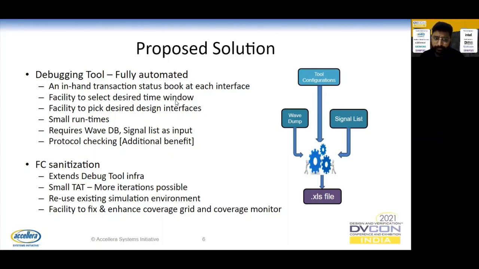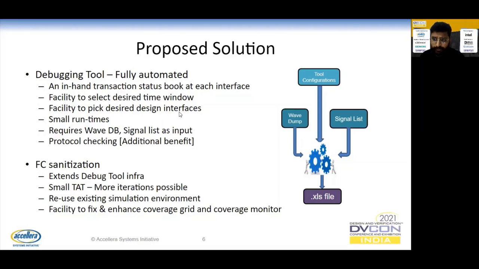Apart from having the above feature implemented as the base feature, the tool also has other facilities. It has a facility to select a desired time window where the debug or the transaction level tracing can happen. And it has an option to select a number of interfaces from the signal list. Assuming we have 10 different interface signals, and we need only 5 interfaces, so that can be selected. The tool has small runtime.